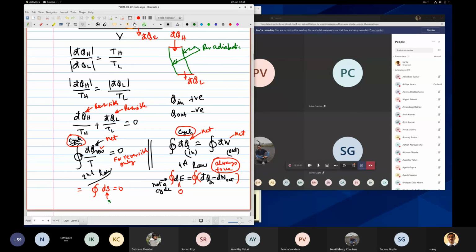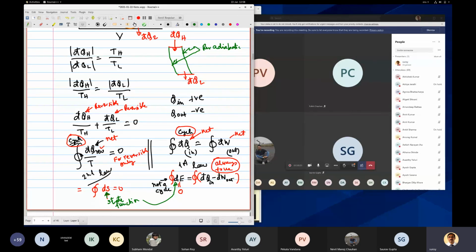So this is also a state function. S and E both are state functions, because in a cycle they become 0.